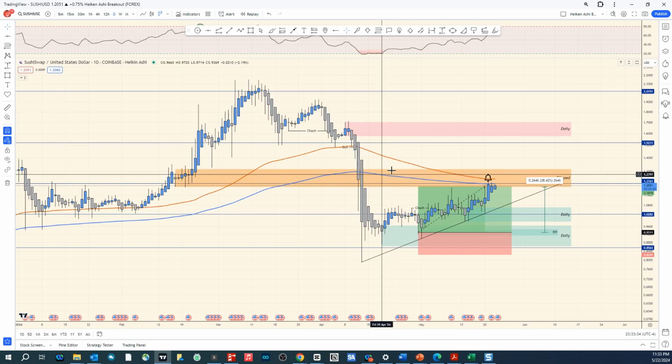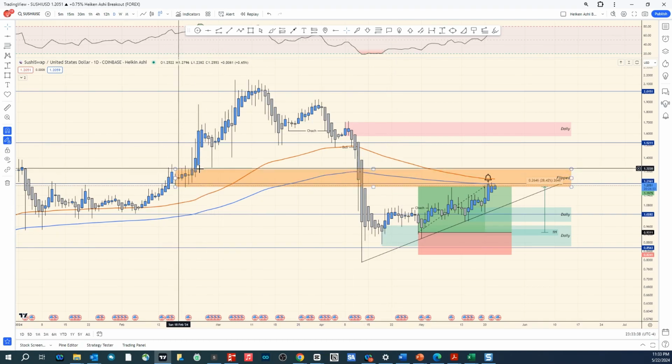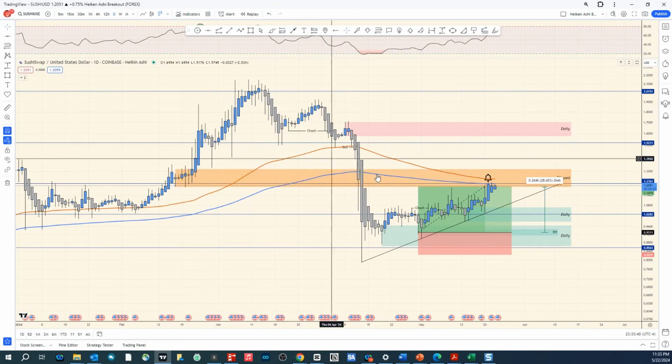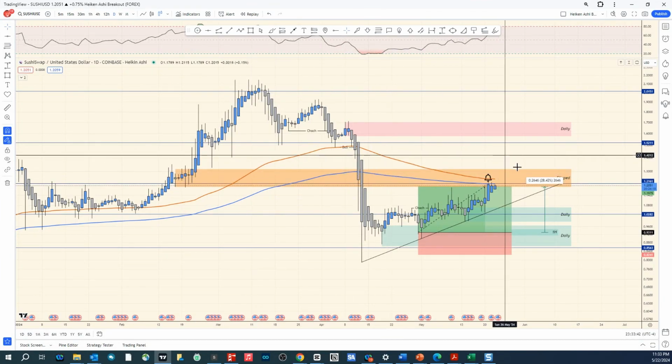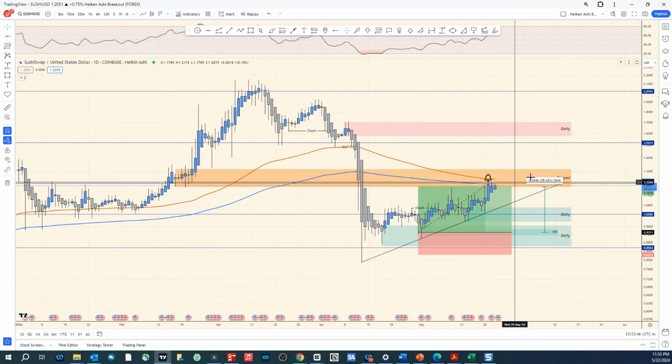Instead of being a buying area of Sushi Swap, now it's flipped to a resistance or selling area for Sushi Swap. And not only that, this aligned with our weekly level here as well that we marked out.